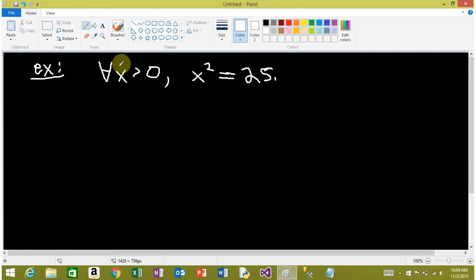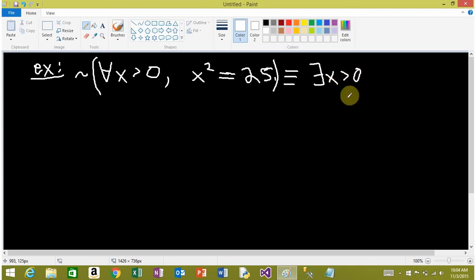So to find the negation of this statement, we're just going to negate the universal quantifier, so that's the existential quantifier, so there exists an x greater than 0. And notice that we keep the inequality the same.